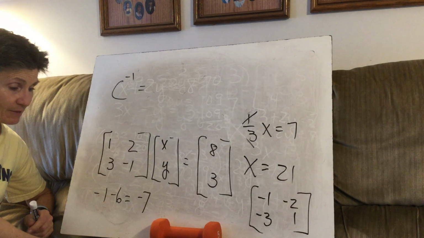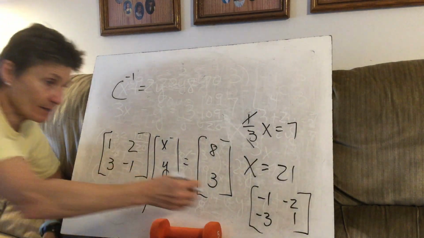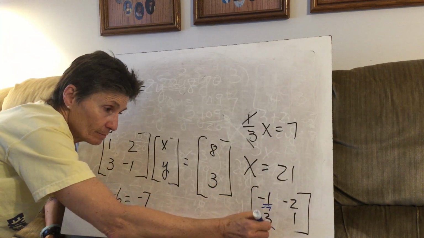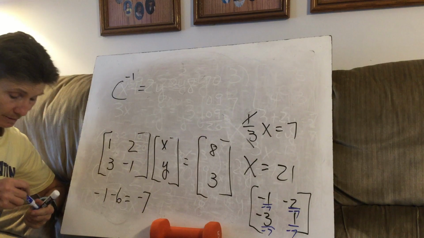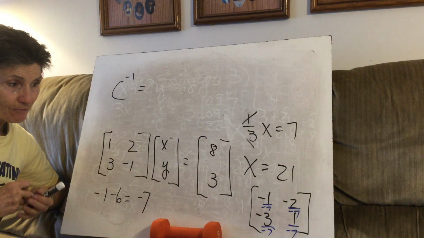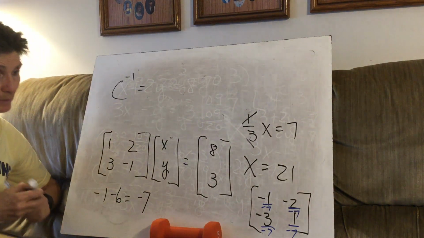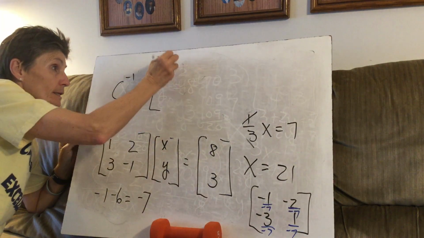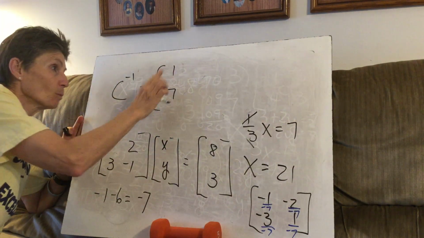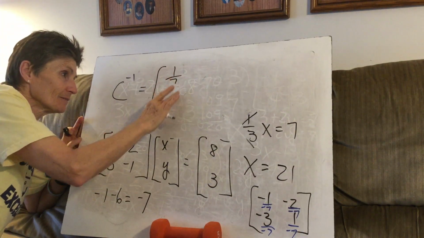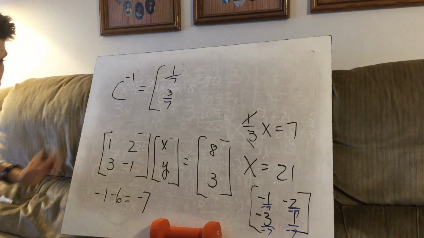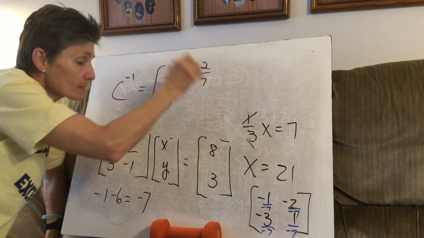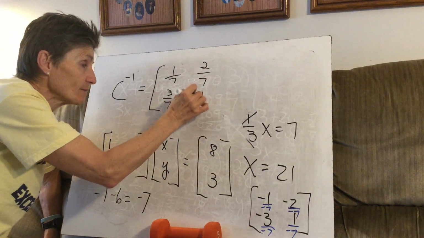And then we're going to divide the whole shebang by -7. So your inverse is 1/7, 2/7, 3/7, and -1/7.